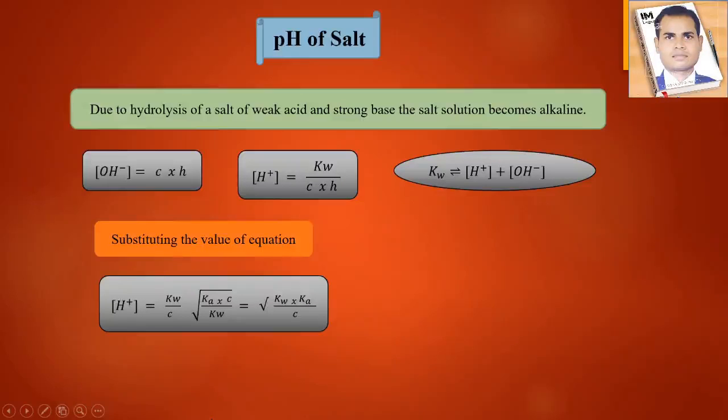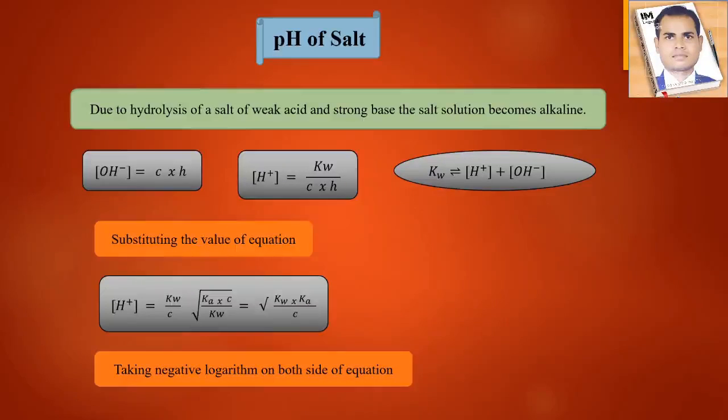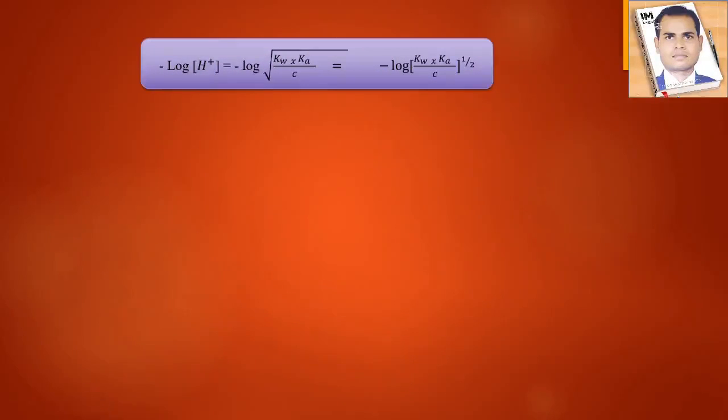Now taking the negative logarithm of both sides of this equation, you will get minus log [H plus] equals minus log of the square root of (Kw into Ka divided by C), which equals minus log of (Kw into Ka divided by c) to the power 1 by 2.